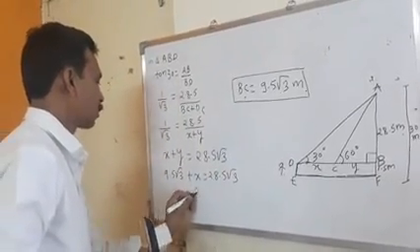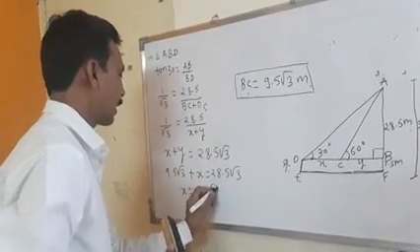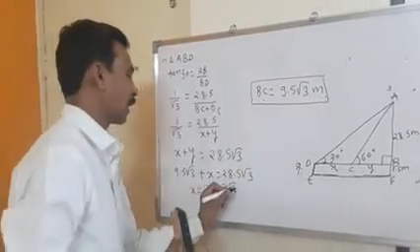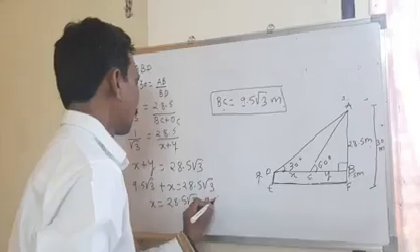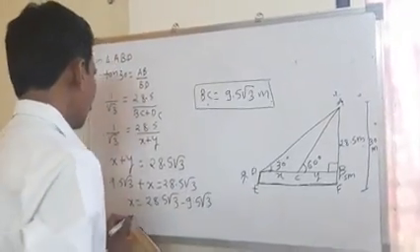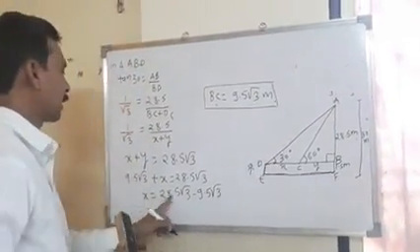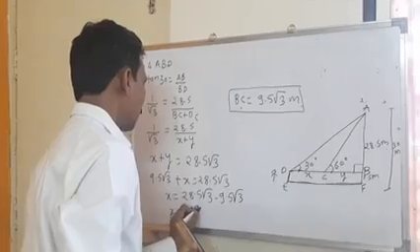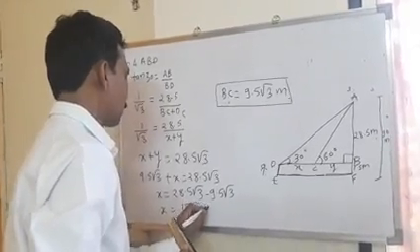X is equal to 28.5 root 3, 9.5 root 3 will go on that side, will become minus 9.5 root 3. X is equal to 28.5 root 3 minus 9.5 root 3, which is 19 root 3 meter.